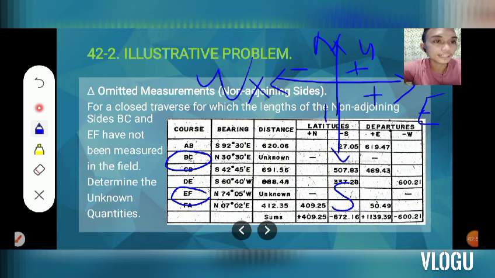That is why our 875 is negative, since our direction is going south.